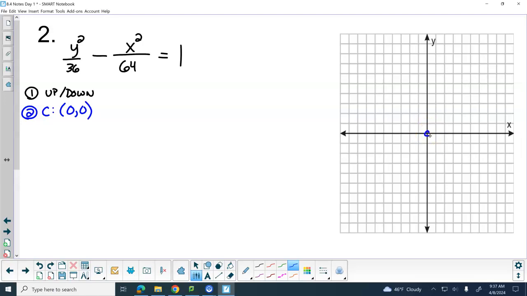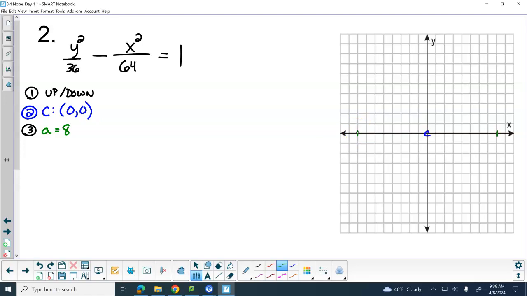Now we've got to build the box. What is my A value? 8, because A is underneath the x. So my A value is 8. So that means I'm going left and right 8. 2, 4, 6, 8, I put a dash.